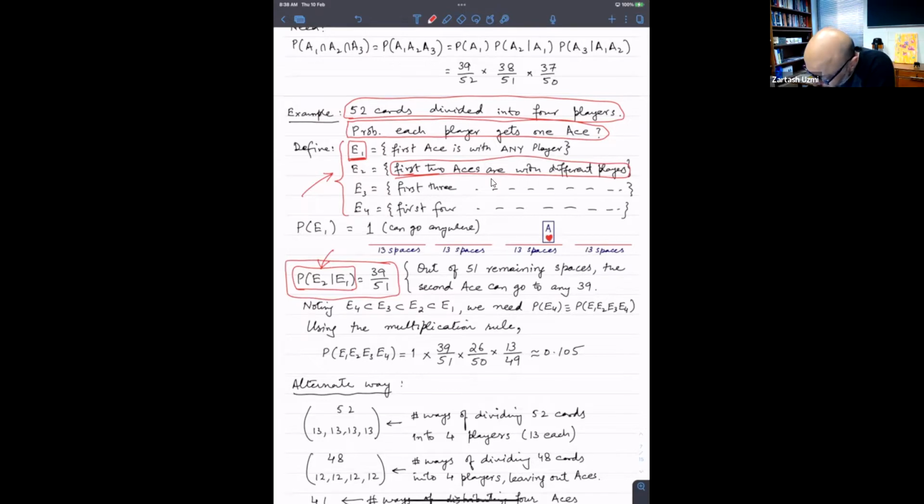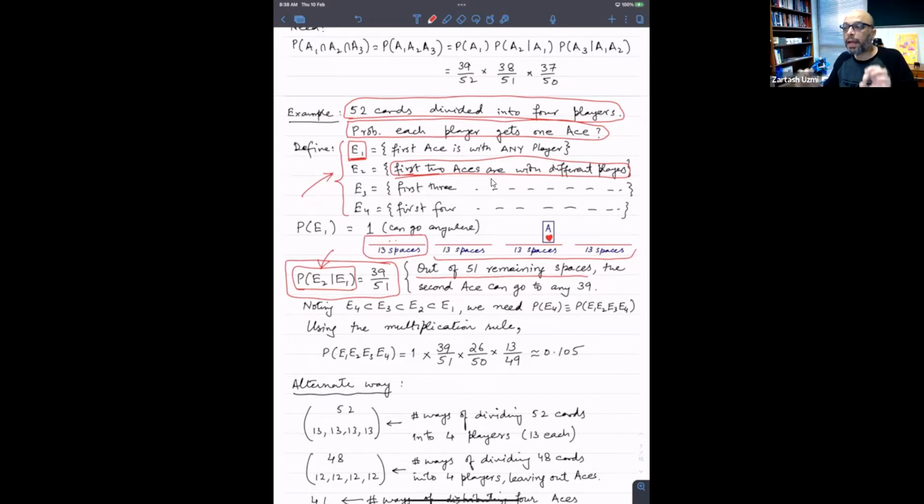Okay? So basically what we are saying is that out of 51 remaining spaces, you have these 51 remaining spaces, the second ace can go to any of the 39. That is, I cannot treat it by players this way. Why? Because this player could also get 2 aces. I need to make sure that if this was player 1, and one ace has come to them, then all these 13 spaces are gone.